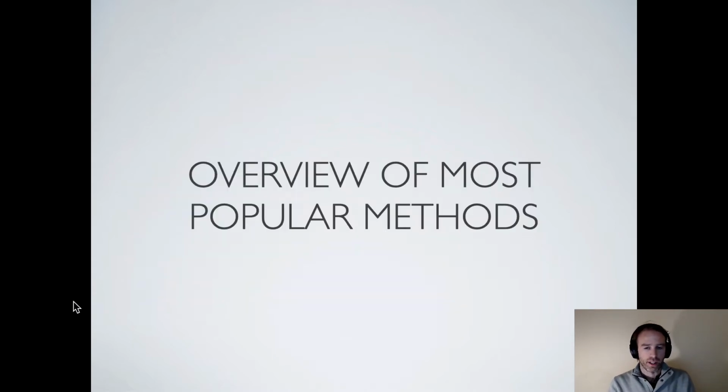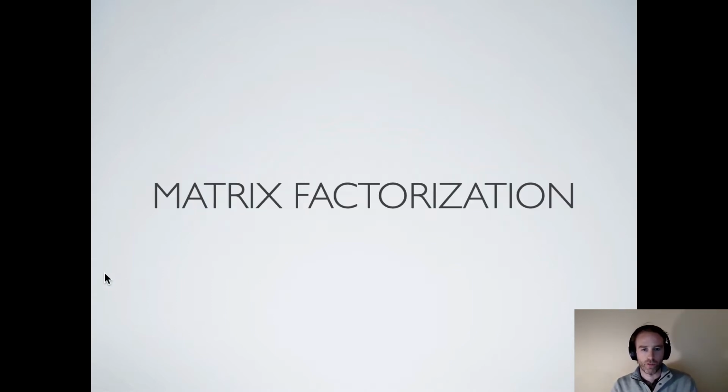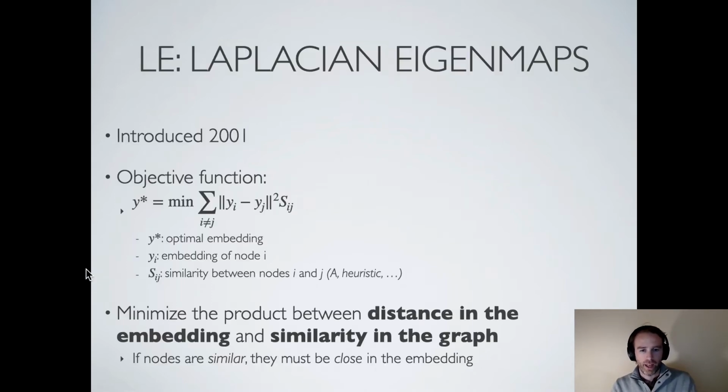So let's start by introducing some of the popular methods for graph embedding. The first family of methods are based on matrix factorization, and some of them are actually quite old. For instance, the Laplacian eigenmaps, which was introduced as a general method, not only for graphs, in 2001.